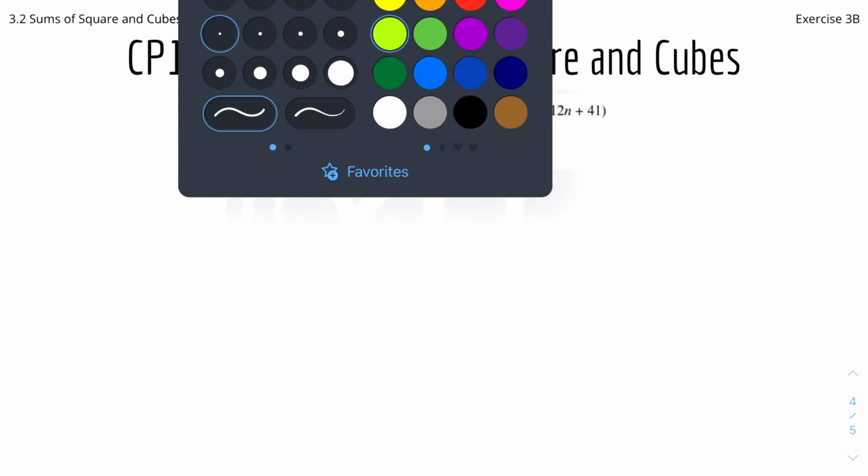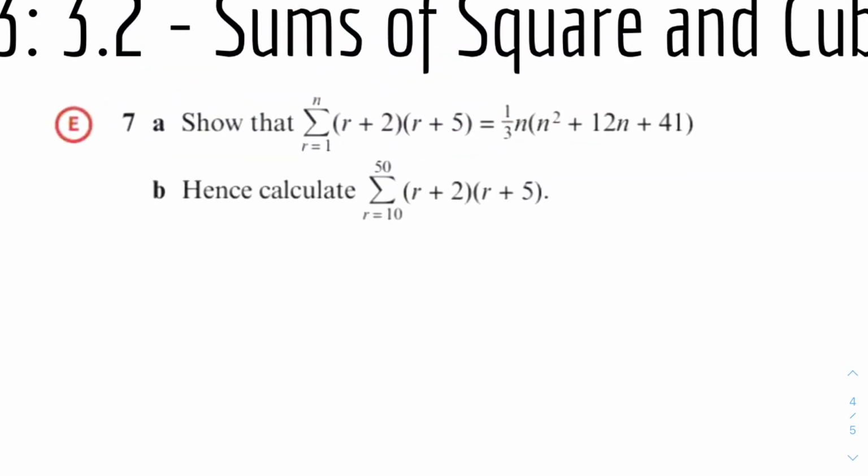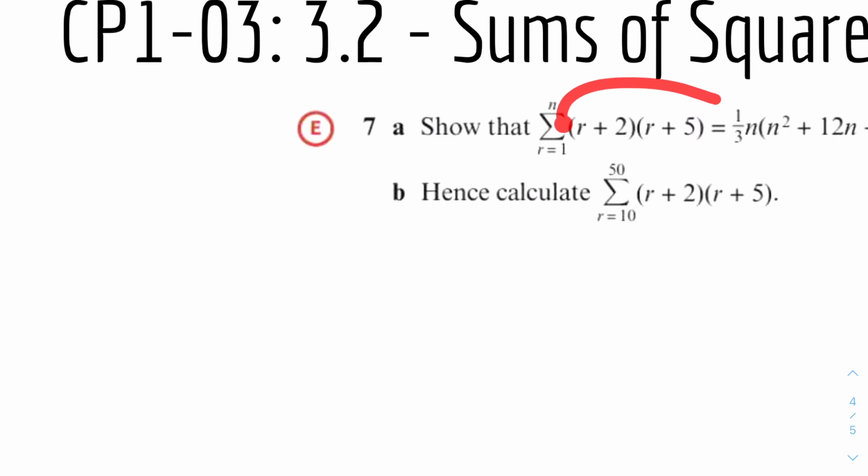And the next question: show that the sum of r plus 2 times r plus 5 from r equals 1 to n is equal to this expression right here. So what we do first is expand this bracket.